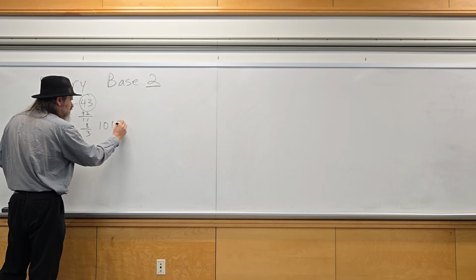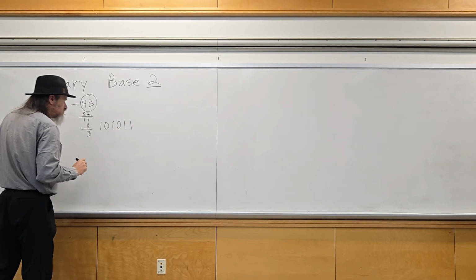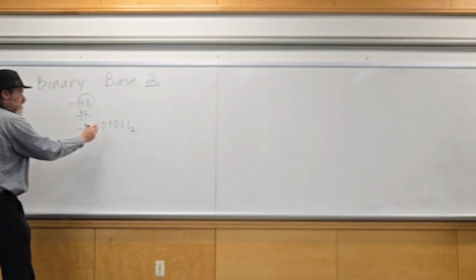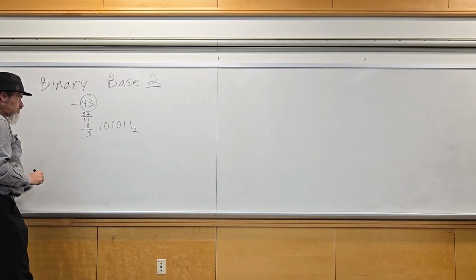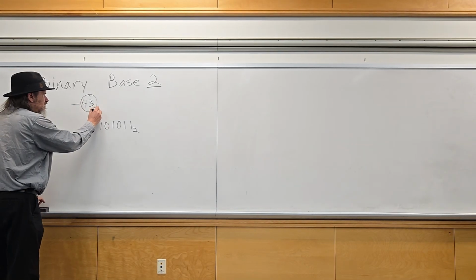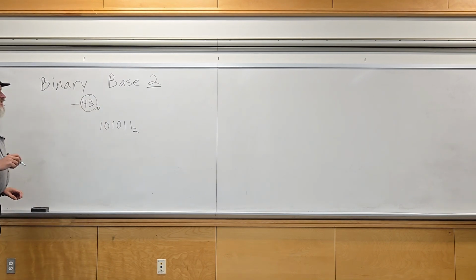No 4. A 2 and a 1. Okay, so that's 43 in base 2. So how I got that? This is in base 10. Now you convert it to a negative number.